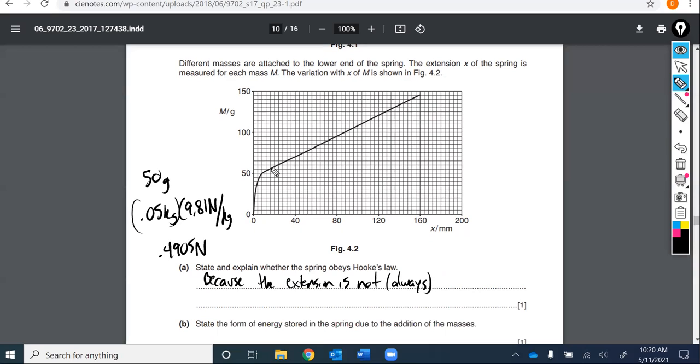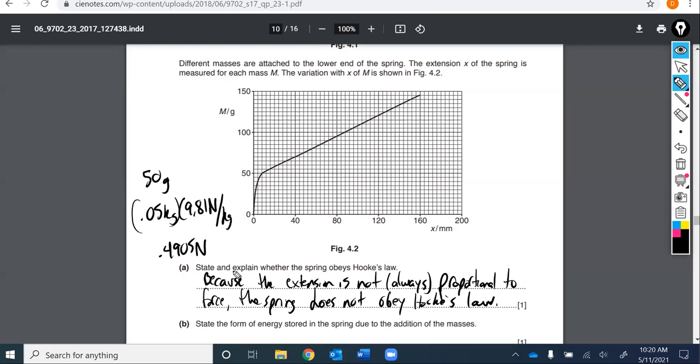Like from here to here, that looks pretty good. That's sort of obeying Hooke's law. Because the extension is not always proportional to force, the spring does not obey Hooke's law.